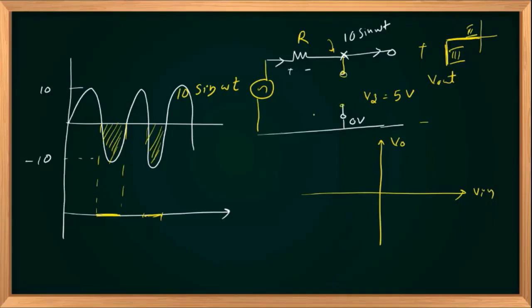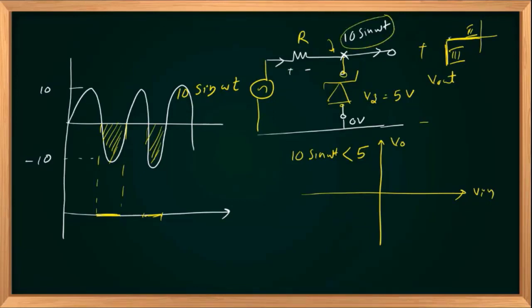When it is in the second mode, the diode was connected like this, and 10 sin omega t is less than the breakdown voltage of 5 volts. When it is open, the voltage is 10 sin omega t.